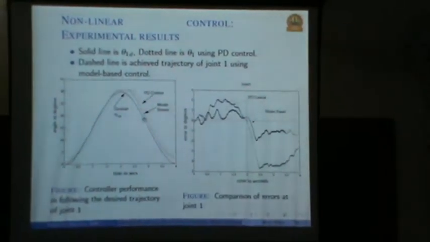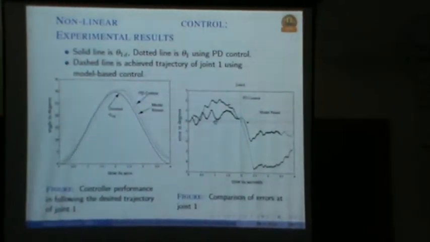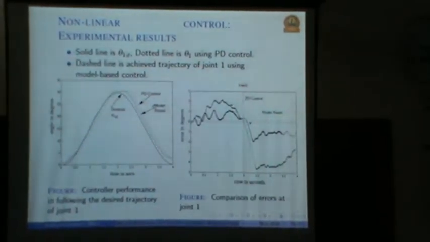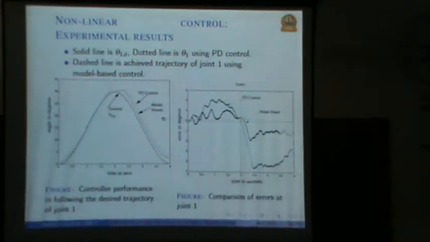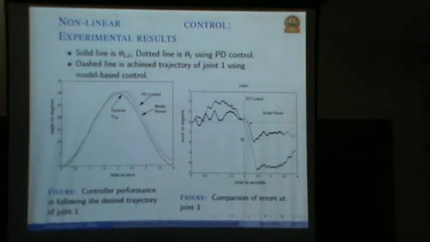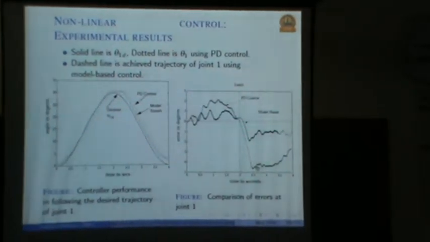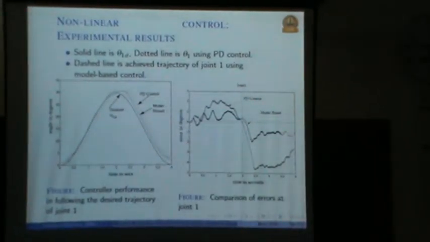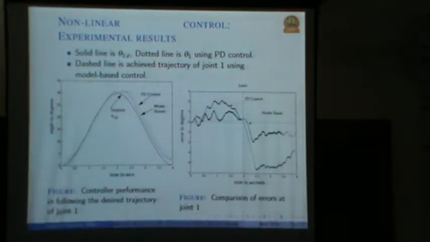So suppose you plot the error between the desired and the PD controller, and the error in the model-based controller. What you can see is the error in PD control is like 2 degrees or 4 degrees along this path. Okay, is that a lot? Yes. Okay, so you can't have a robot which is deviating.